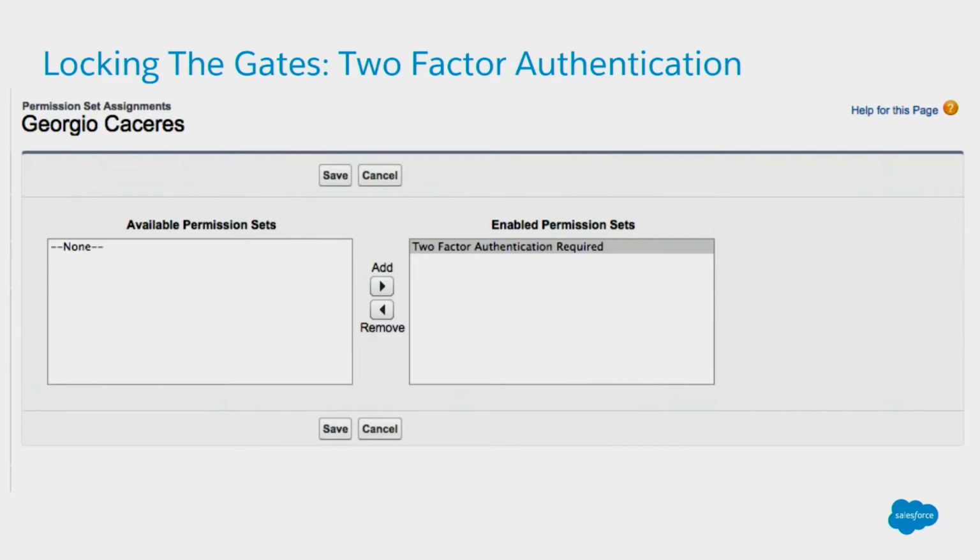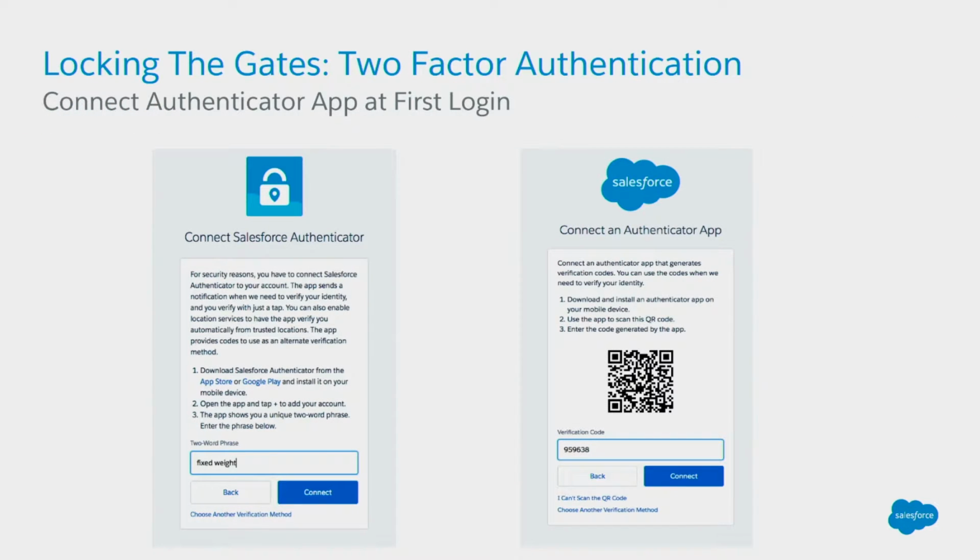Now go to a particular user for whom you want to enable two-factor authentication, select this permission set and assign it to that user, save it, and when the user logs in for the very next time to a Salesforce org, now he needs to connect a mobile app, an authenticator app, to his org. He will see the screen which is shown on the left-hand side.